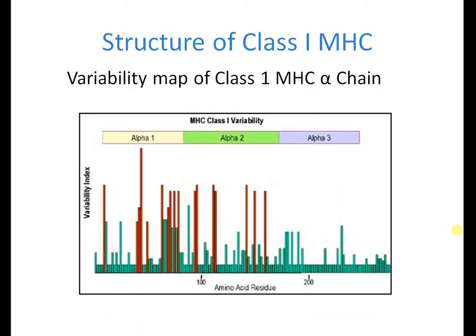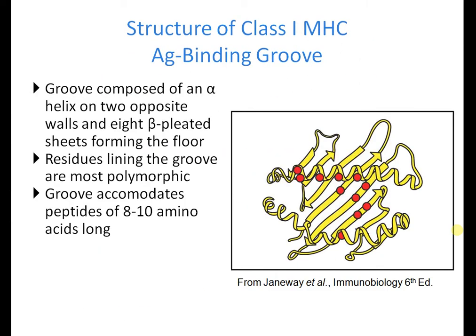This is the variability map of class 1 MHC alpha chain: alpha 1, alpha 2, and alpha 3. This is the structure of the class 1 antigen-binding groove. The groove is composed of an alpha helix on two opposite walls and eight beta pleated sheets forming the floor.